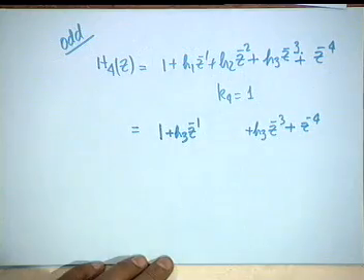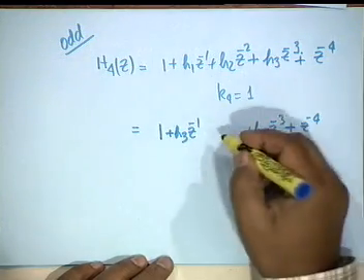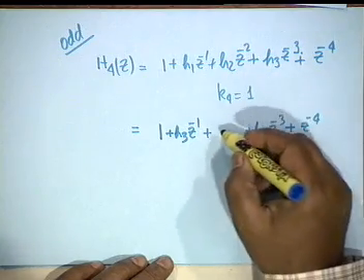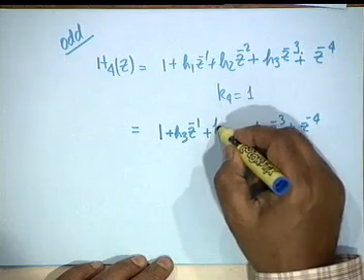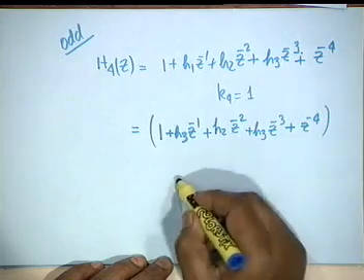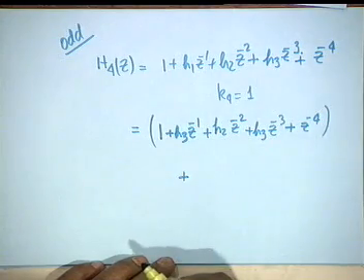Then I must subtract something, I will do that later, and h2 is a middle term, so I take h2 z to the minus 2, this is the linear phase.